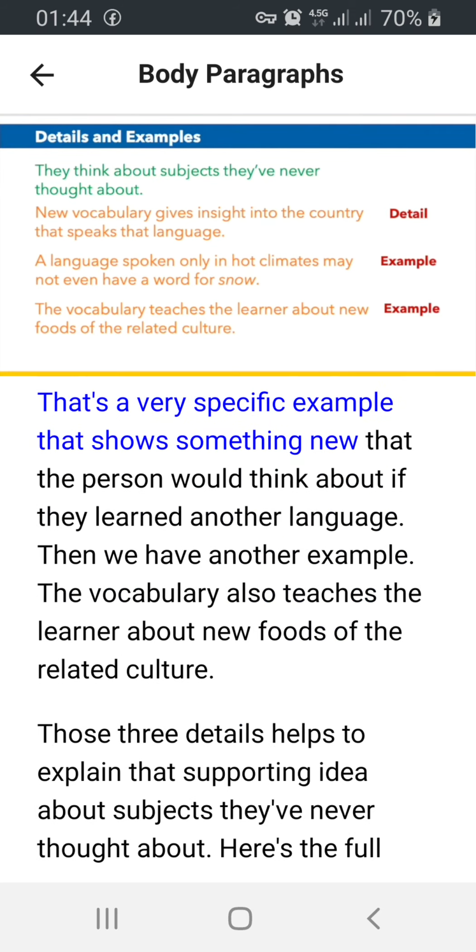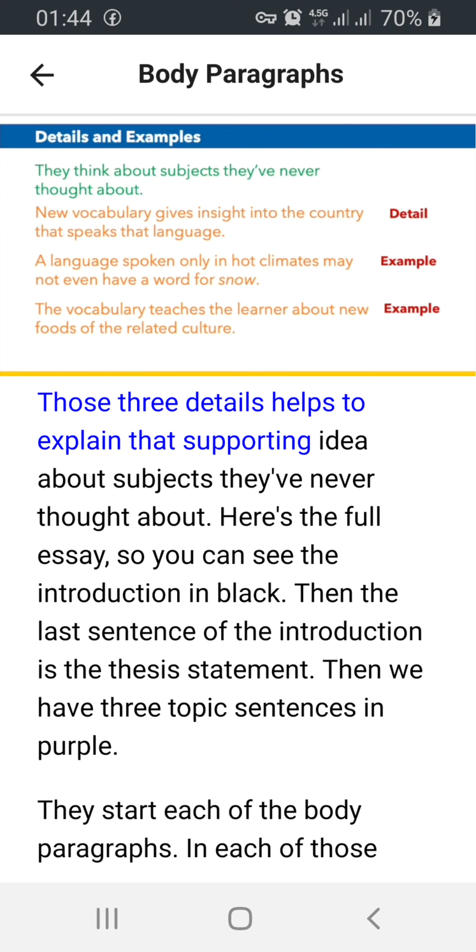That's a very specific example that shows something new that the person would think about if they learned another language. And then we have another example. The vocabulary also teaches the learner about new foods of the related culture. So those three details helped to explain that supporting idea about subjects they've never thought about.